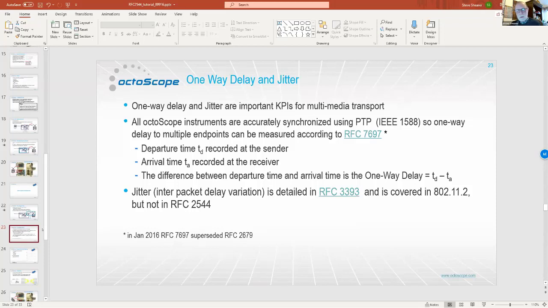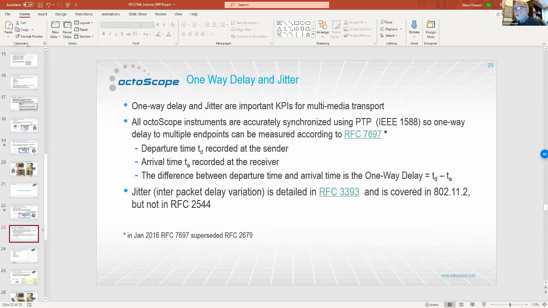The thing about one-way delay is that you need accurate clocks on both the transmitter and the receiving end. We use PTP, or IEEE 1588, so that all of our measurement instruments are synchronized, and that allows us to measure this one-way delay in both the uplink and the downlink.